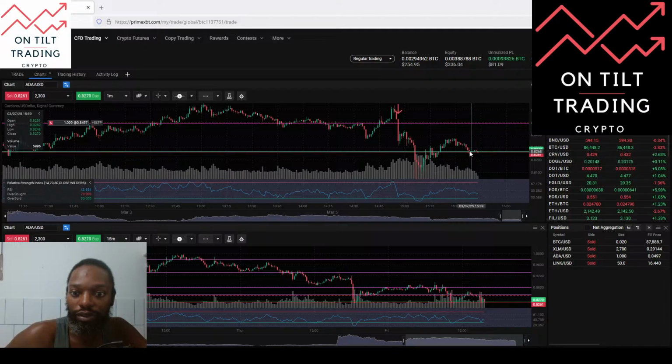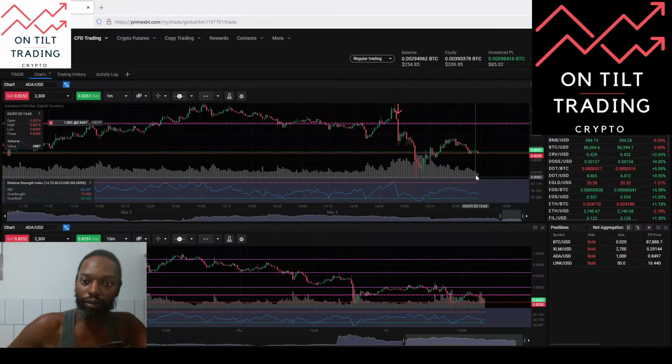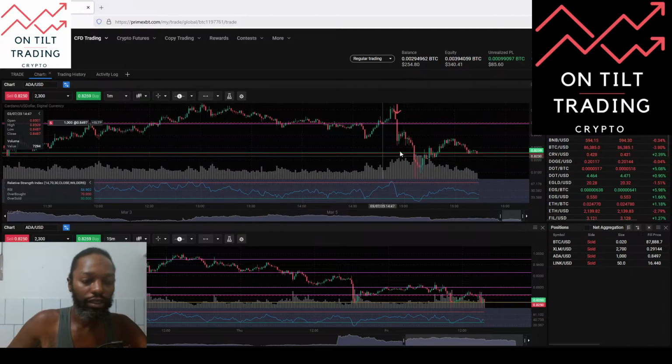We seem to be doing some consolidation here, possibly preparing for another breakout and another leg lower. I'm not certain if there's anything right in this area to defend since it sold off so aggressively, and then we may be heading back into this lower range, possibly down to S6 for a target. But that's my trade on Cardano.